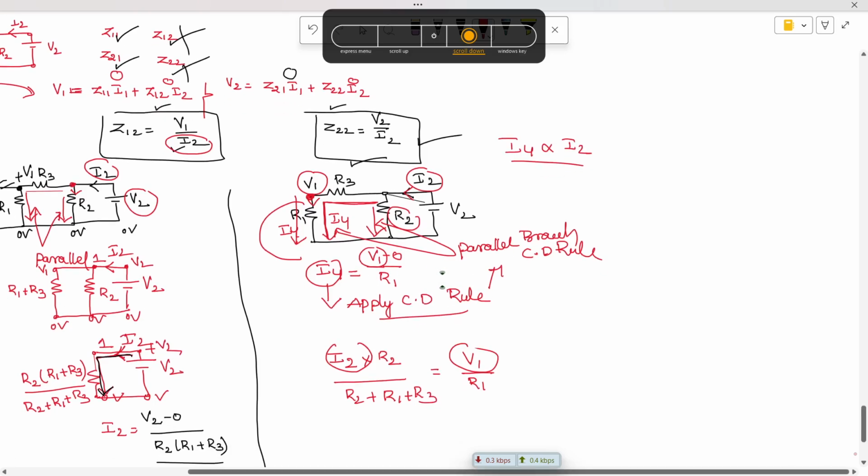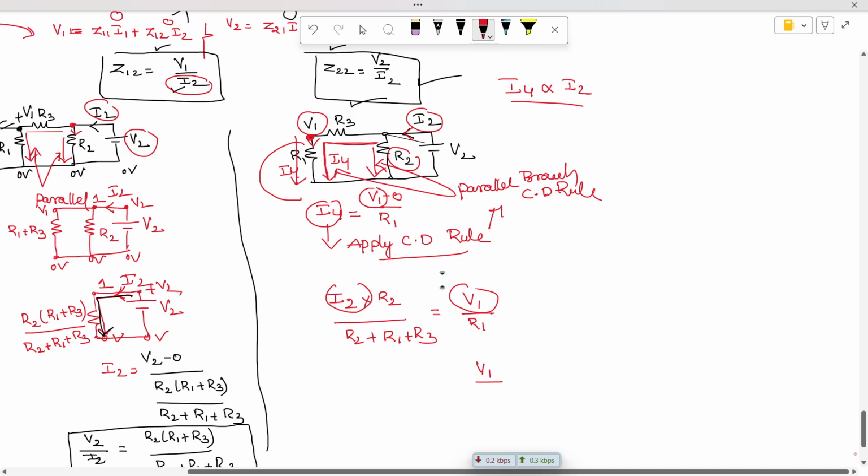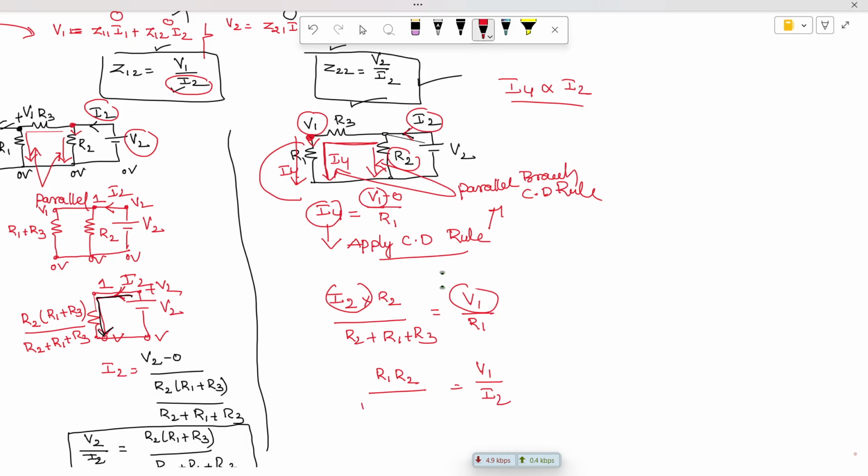Okay. So therefore V1 by I2 is equal to, this R1 will come to the numerator, which is R1 R2 divided by R1 plus R2 plus R3. So successfully we find the impedance Z12, which is nothing but the inverse transfer impedance.